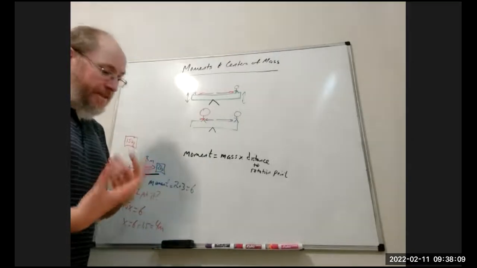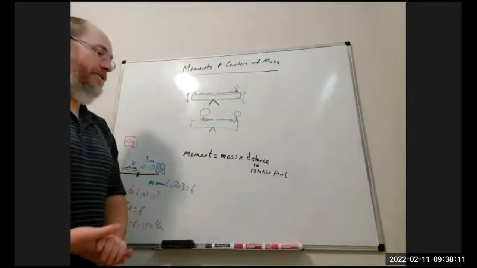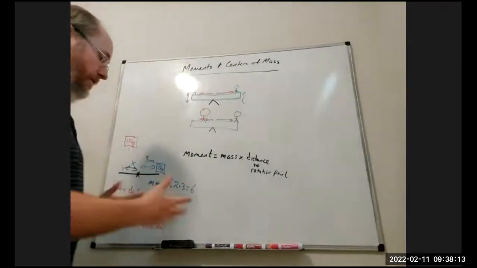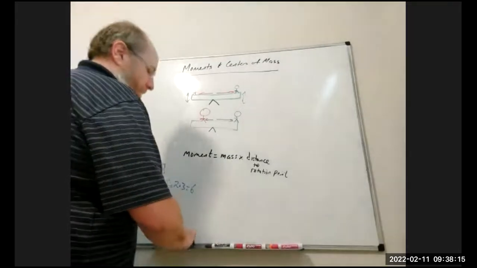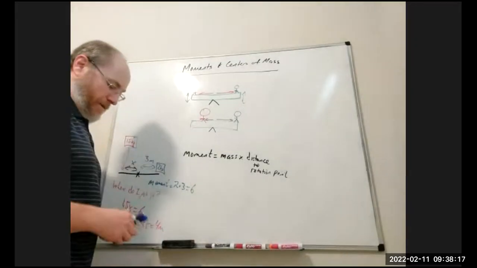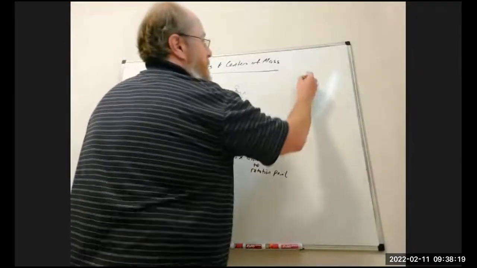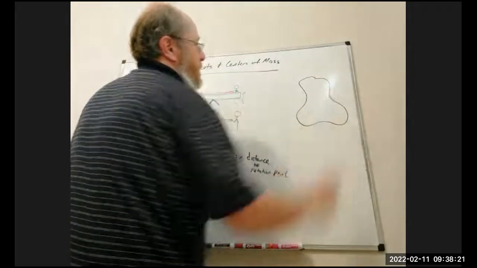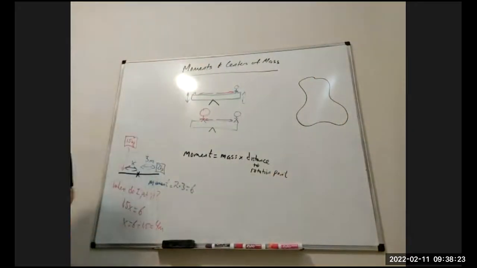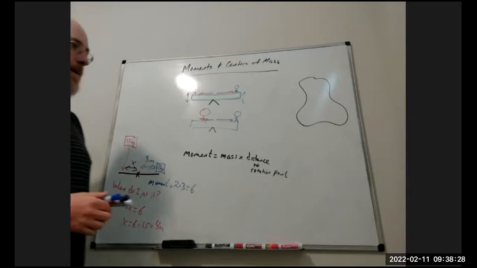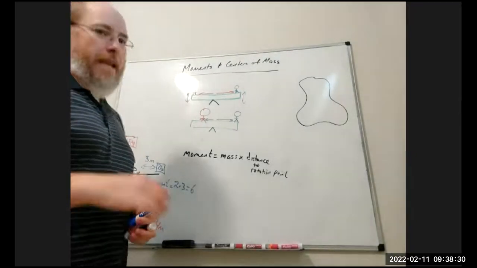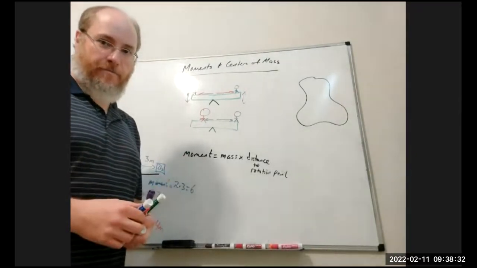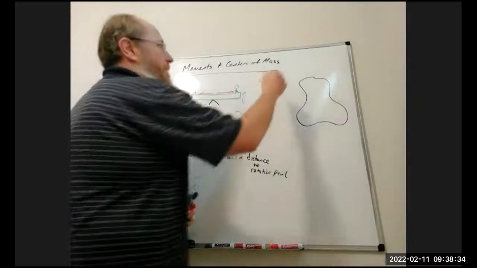Well, center of mass has everything to do with moments. So imagine that we got some funky shape here. And I want to find its center of mass. So what we can do is imagine that I were to put an axis of rotation. Okay, and I'm going to just start thinking about it like this.